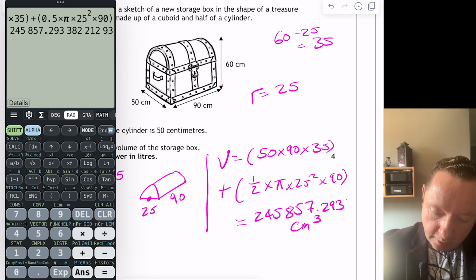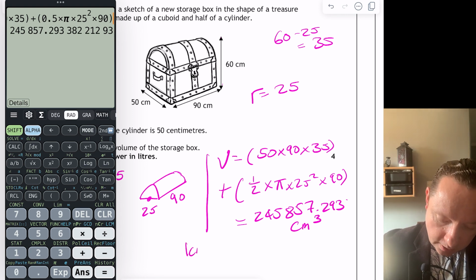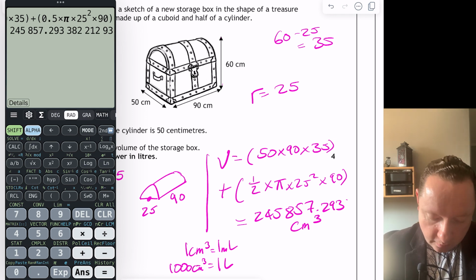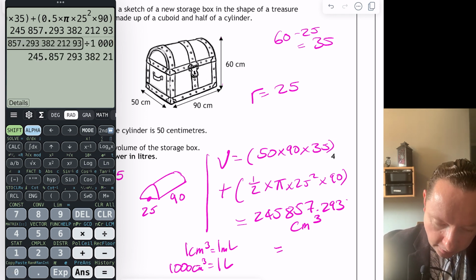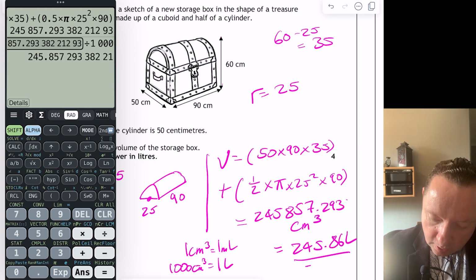Now, one thing to know, we want this in litres. 1 centimetre cubed is 1 millilitre, which means that 1 litre, which is 1,000, equals 1,000 centimetres cubed. So if 1 litre is 1,000, I can divide my answer by 1,000 to get it into litres. So that equals roughly 245.86 litres, and we're done there.